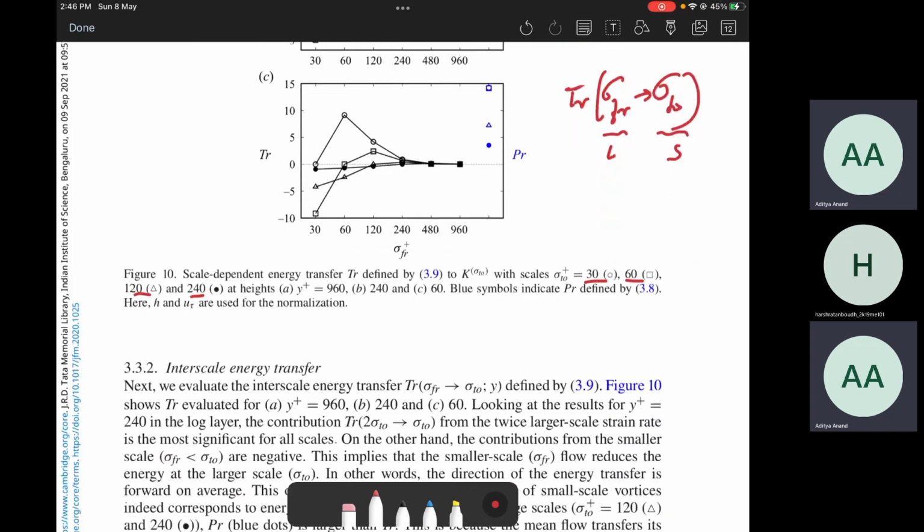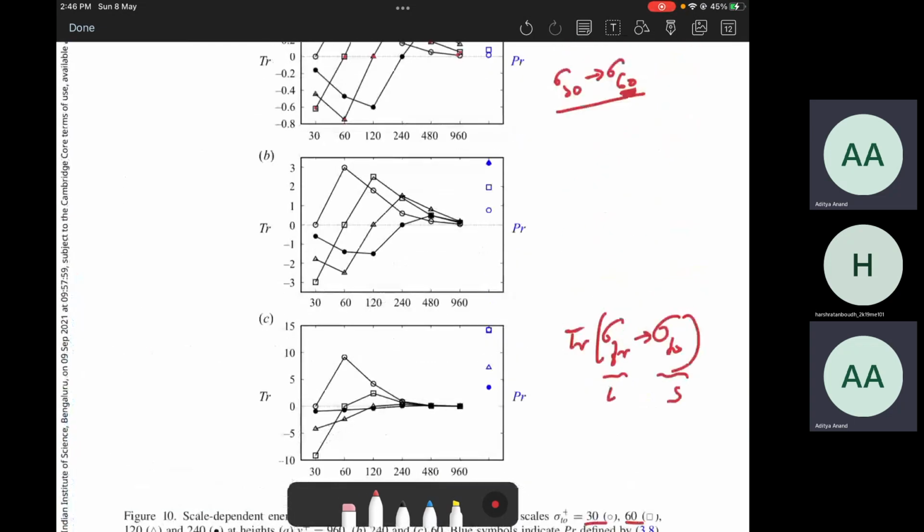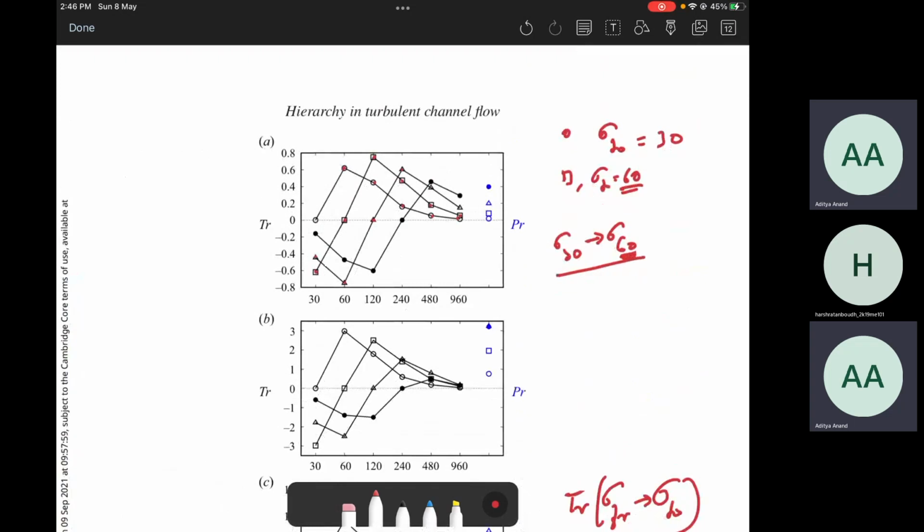So they have basically quantified the interscale energy transfer. What they saw is that the interscale energy transfer peaks when your large scale is twice the size of the smaller scale. That's when your transfer of energy peaks, and it drops subsequently. This comes in support of that locality assumption. That is, you can interact with scales that are local in size.